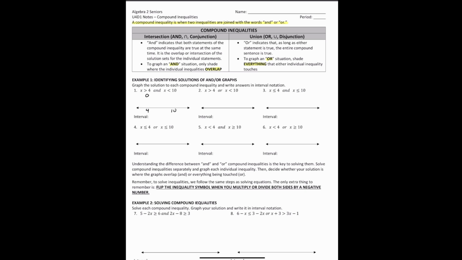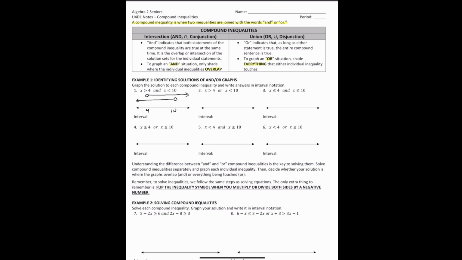It's an open dot, and I'm going to be shading to the right. So notice that I am graphing the inequality above the number line because I want the actual solution to be on the number line itself. Okay, so 4, it's an open dot. I'm shading to the right. Now at 10, it's the same thing. It's an open dot, but since it's less than, I'm going to be shading to the left.